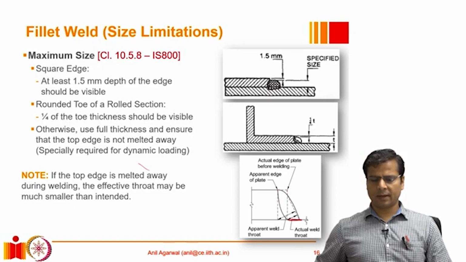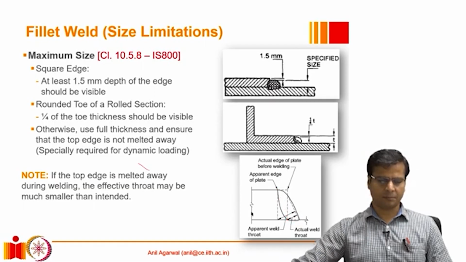So basically the angle which was actually a 90-degree angle has now turned into an obtuse angle. The geometry of the weld has been modified, and as a result the net throat that is available to us is reduced from what was originally intended. So the welder may think that this much throat thickness is available, but actually only this much is available, because the angle has been modified from 90 degrees to an obtuse angle.